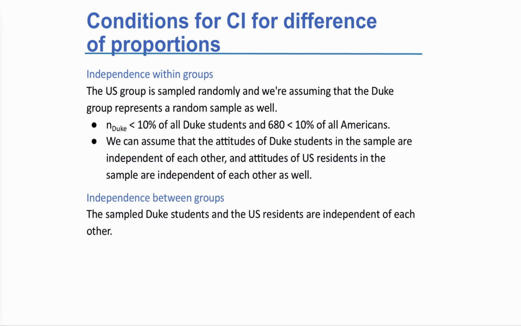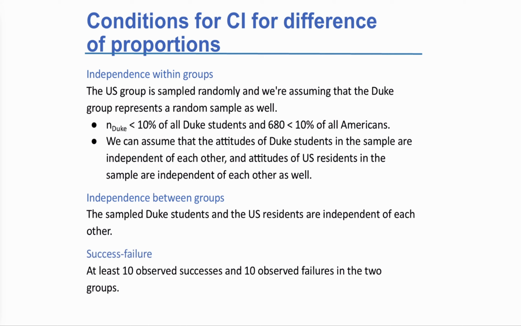And also independence between groups. The sampled Duke students and the U.S. residents are independent of each other. If we randomly sampled Duke students and then we asked their parents to be our U.S. resident sample, that would not be independence between groups.